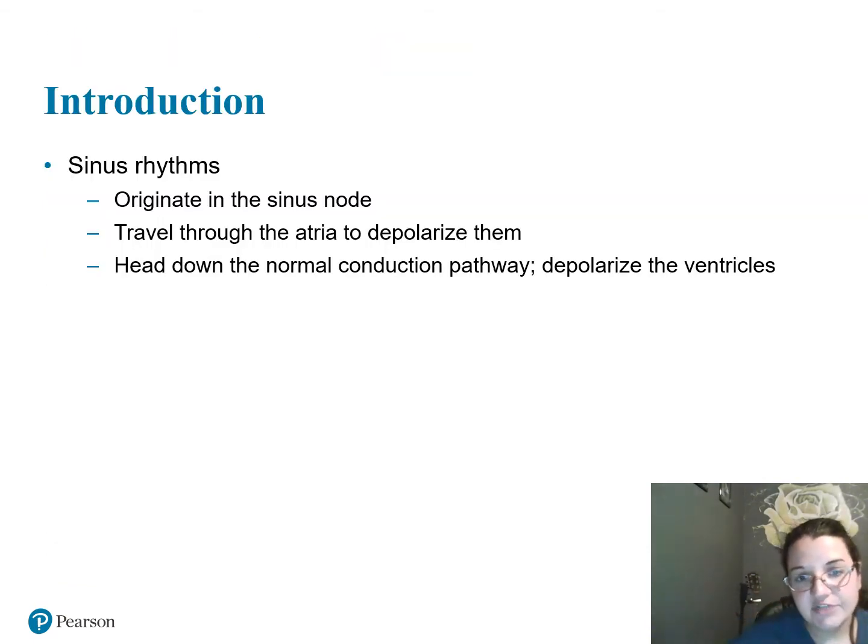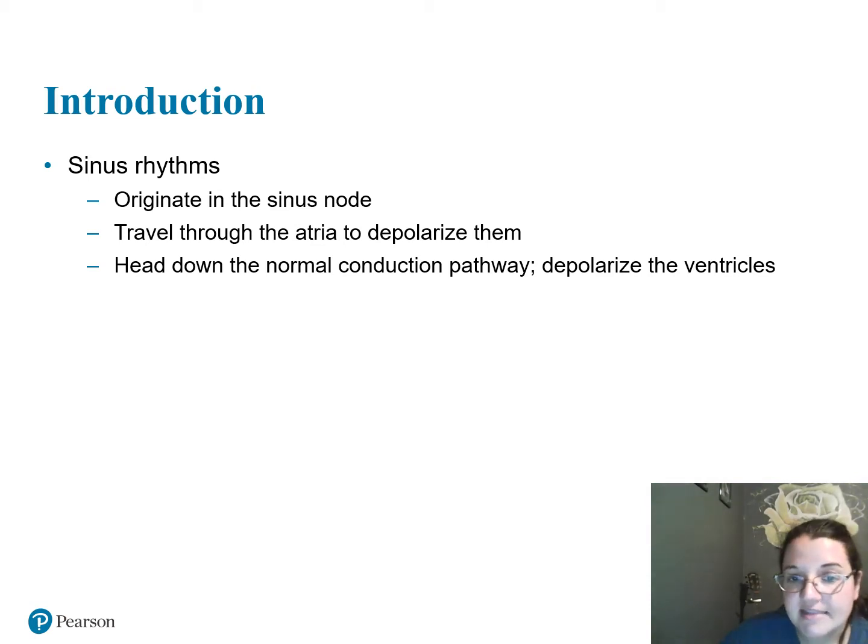So your sinus rhythms, again, originate in the sinus node. They travel through the atria, the top two chambers of the heart, and they are going to depolarize them. Remember, what is depolarization? That's where we get that spark, that impulse. That's where my sodium and potassium are going to cross, and we're going to get a positive charge. We're going to get a contraction as the mechanical response, and calcium is going to be released to get that.